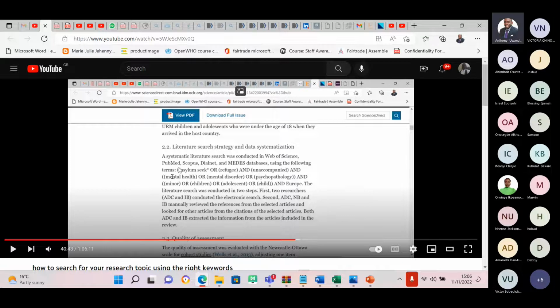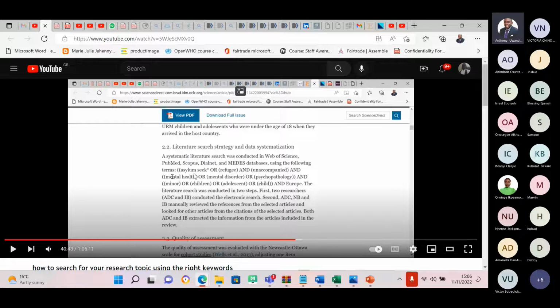So what I'm doing is that I need to read maybe 3 or 4 systematic reviews, get the keywords people have used before, see how they searched, and then copy them out. Then I'll be able to use those same keywords and retrieve my studies.